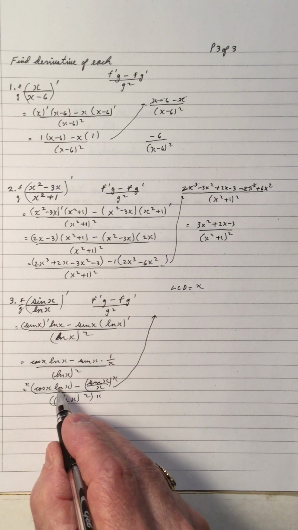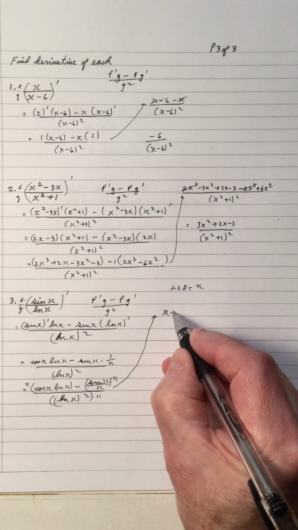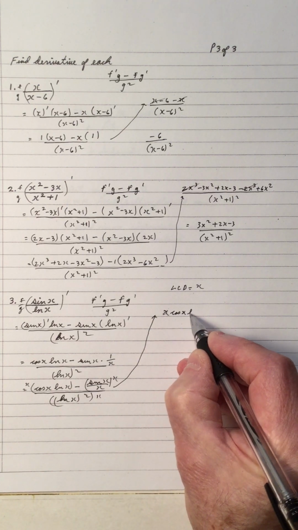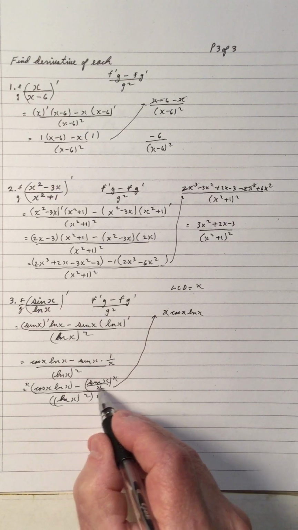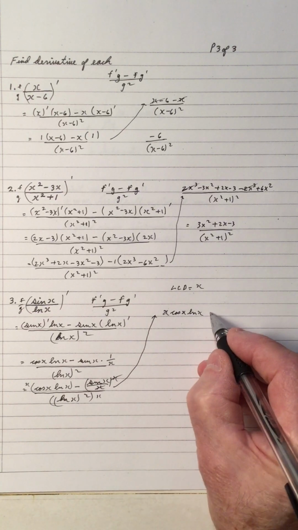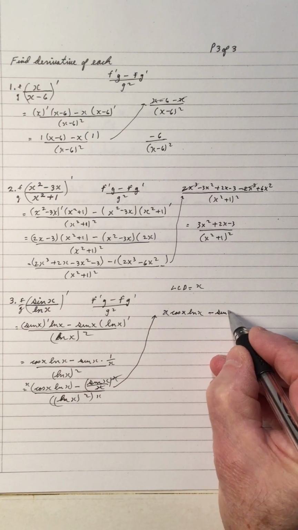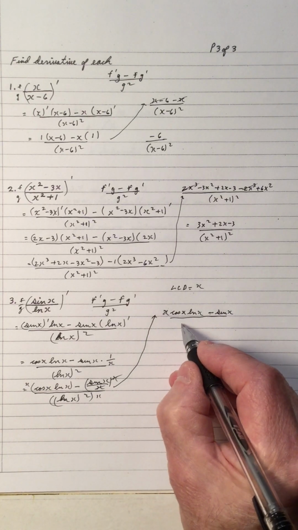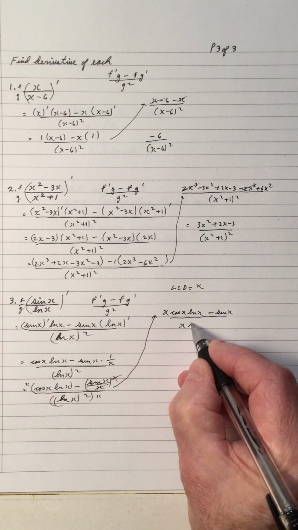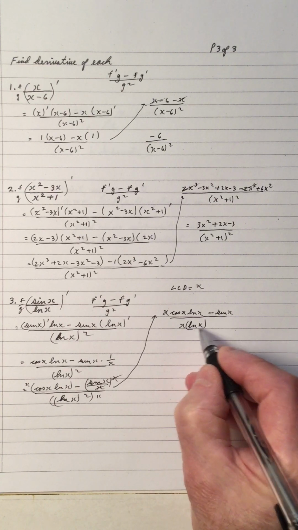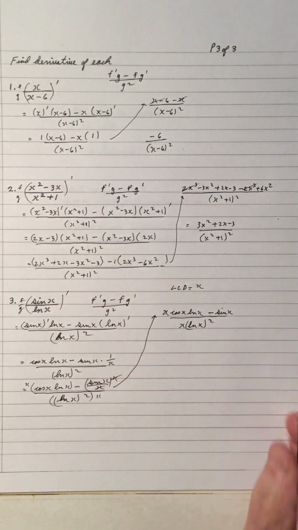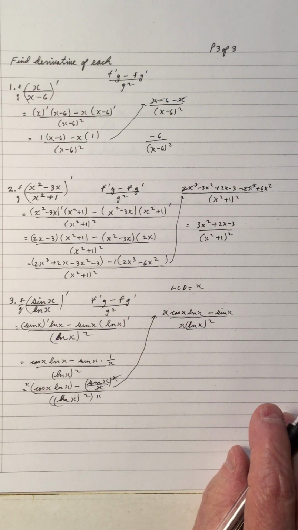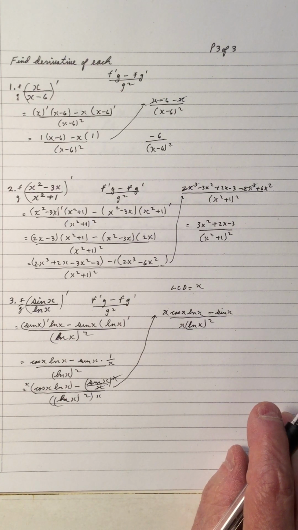Multiplying this by x, we get x cos x ln x. When you multiply here, x cancels out and you get a negative sine x. When you multiply x by the denominator, you get x times the ln of x squared. So that's practice on the derivative using the quotient rule.